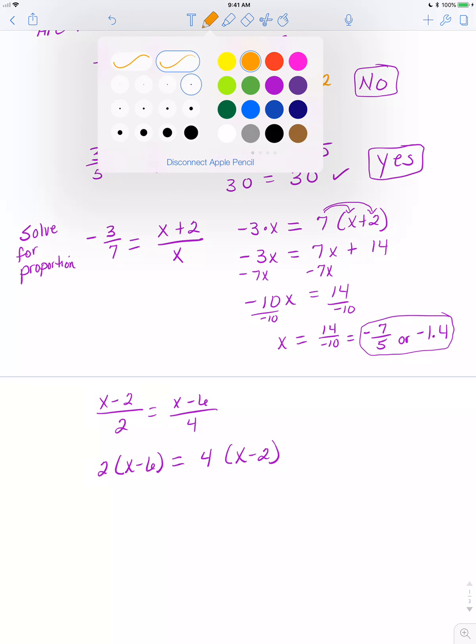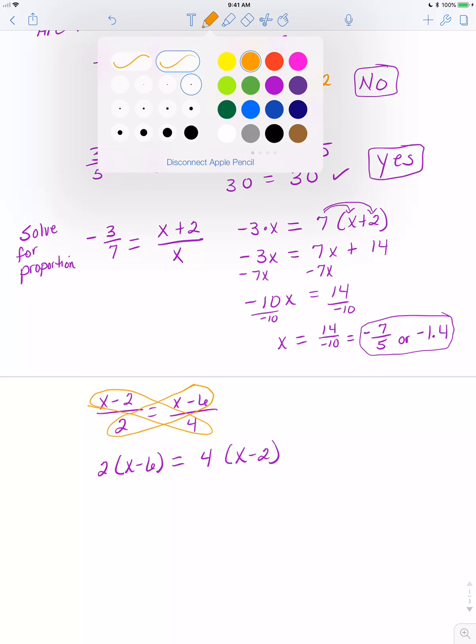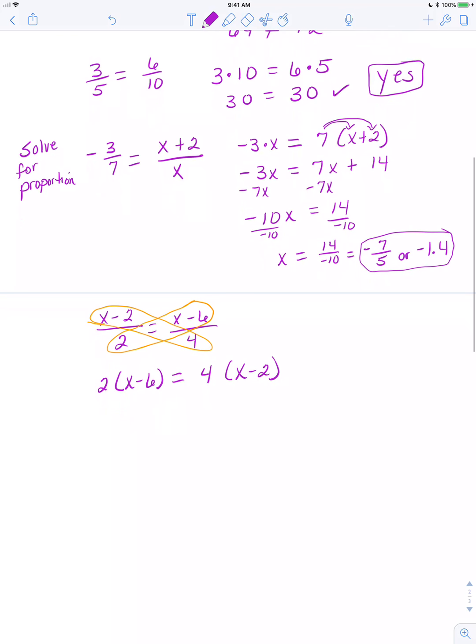And again, all we're doing is multiplying these two and multiplying these two and seeing if they're equal, or solving for x in this case. Okay, so we've got to distribute the 2, so that gives us 2x minus 12. 2 times 6 is 12, is equal to 4x minus 8.